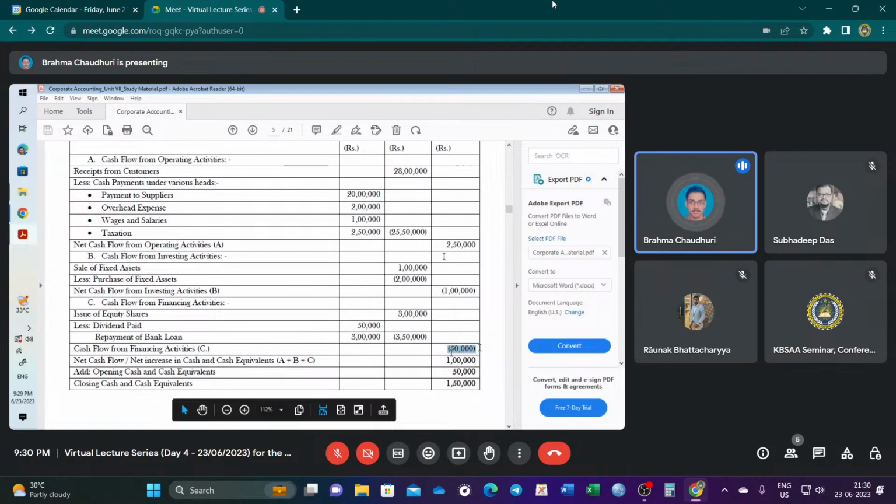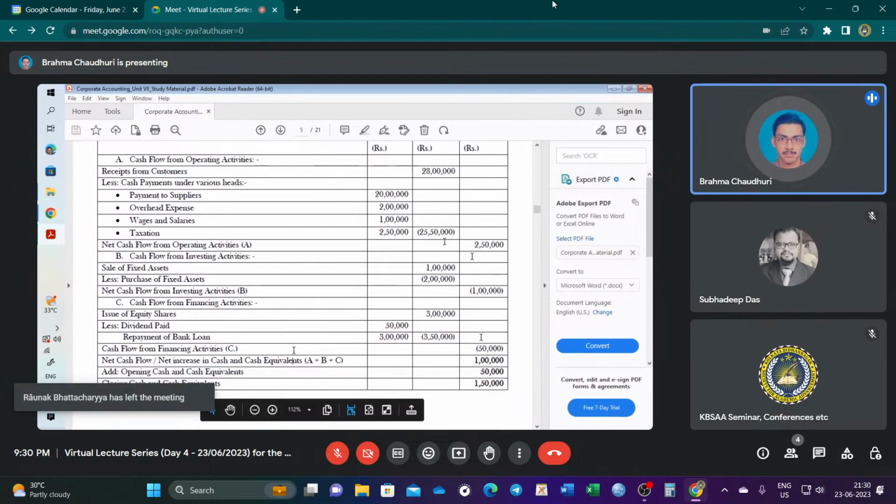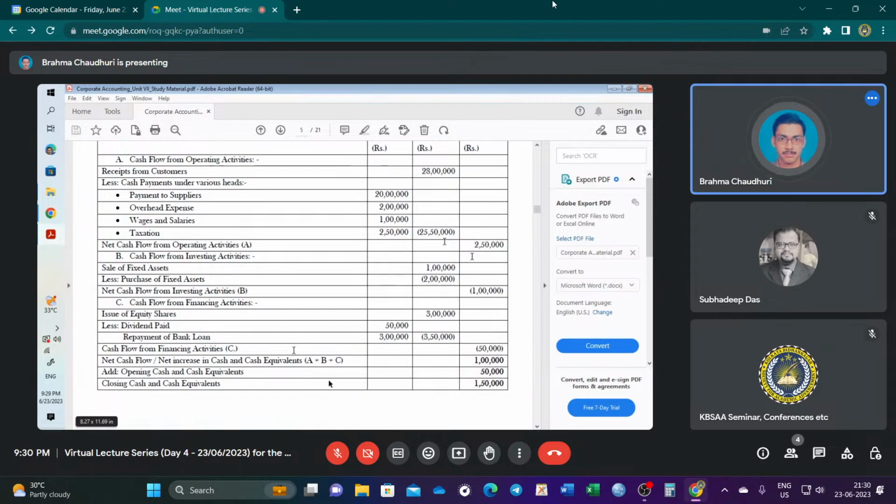Now finally, what we will do is add the net cash flow from operating activities 2,50,000, net cash flow from investing activities minus 1 lakh, and net cash flow from financing activities, that is minus 50,000. So from 2,50,000, this 1,50,000 negative balance will be deducted, and we will get the net cash flow, that is the net increase in cash and cash equivalents, A plus B plus C, that is 1 lakh.